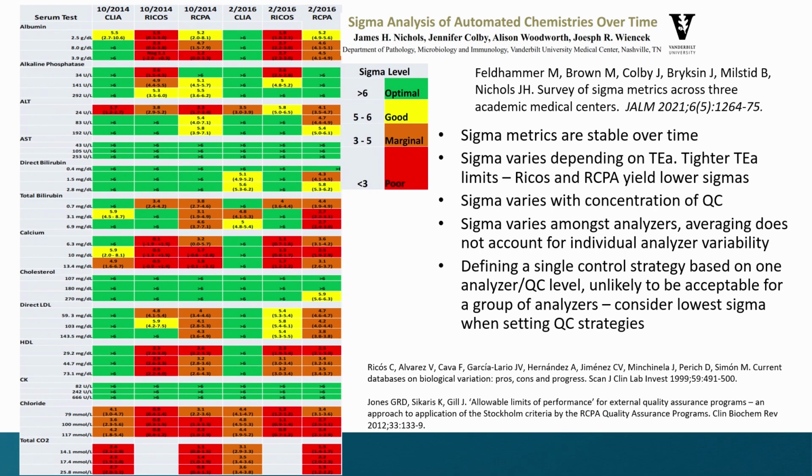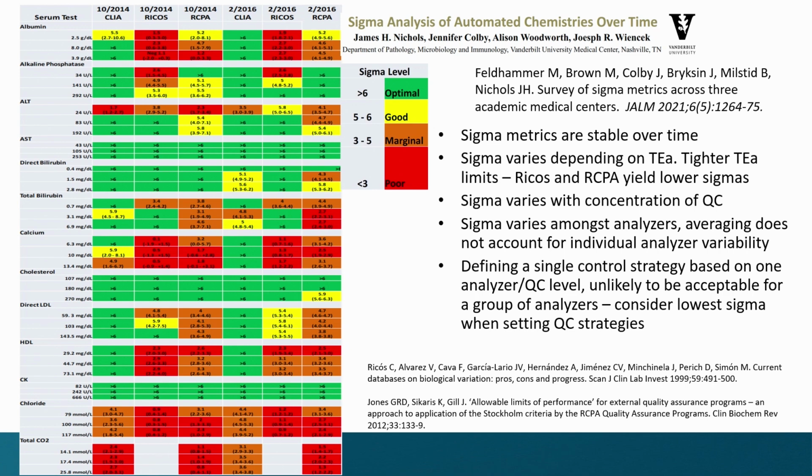We moved from one manufacturer to a new manufacturer in 2012. So after bringing that analyzer up in 2013, we assessed 1 year's of performance in October 2014, using total allowable error limits of CLIA compared to more stringent allowable error limits of RICO's publication and the Royal College of Pathologists of Australasia.